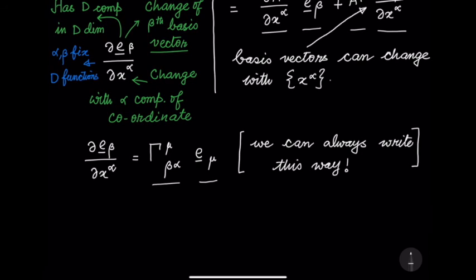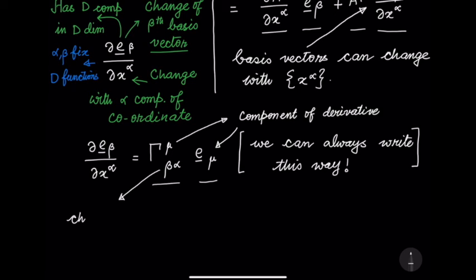So this is the component of the derivative along the mu-th direction. Beta is the change of which basis vector we are looking at?